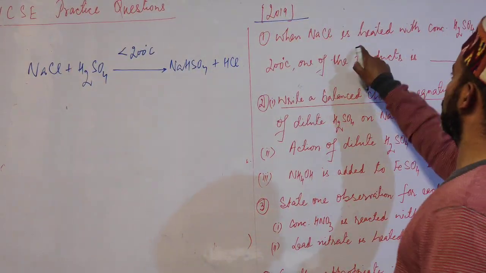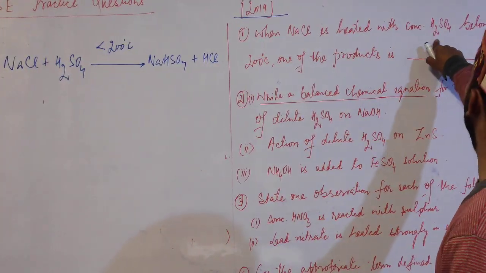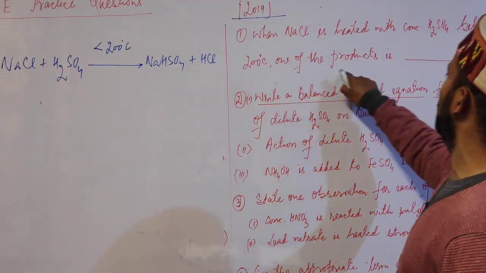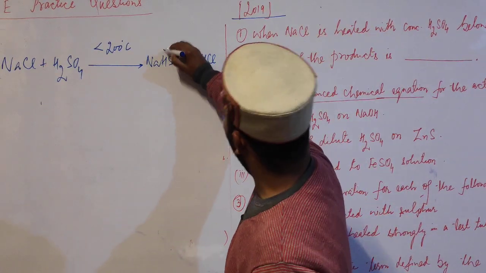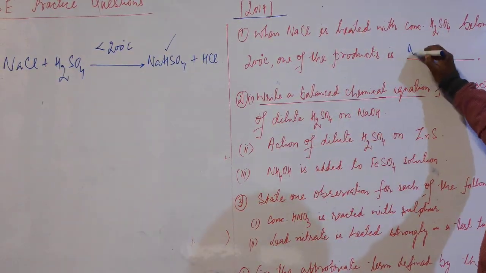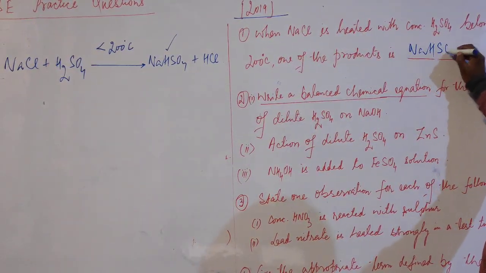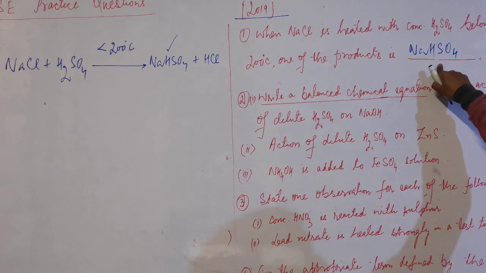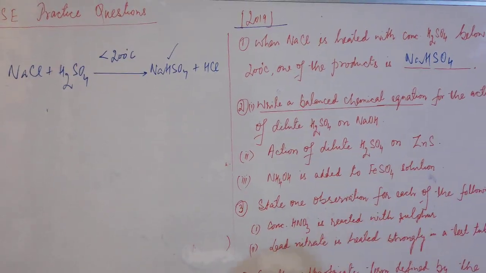We'll consider this, because this reaction generally is used for preparation of HCl. So one of the products is sodium hydrogen sulfate.